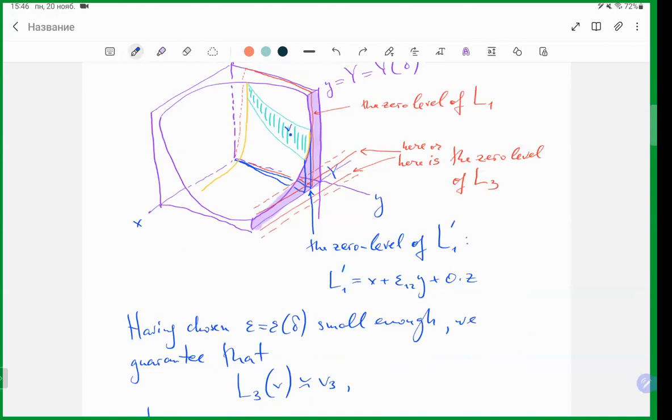And look, oh, there's a mistake here. This red line actually coincides with the blue one. How can I amend it? I will have to repair it like this.